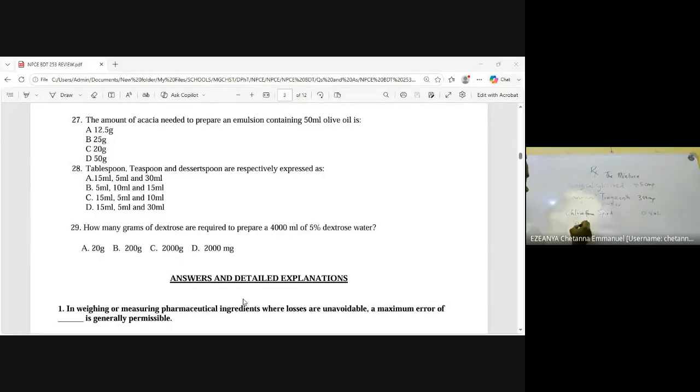Water to 20 ml. So put down this formula, then we'll now look at the questions. Put down this formula first.